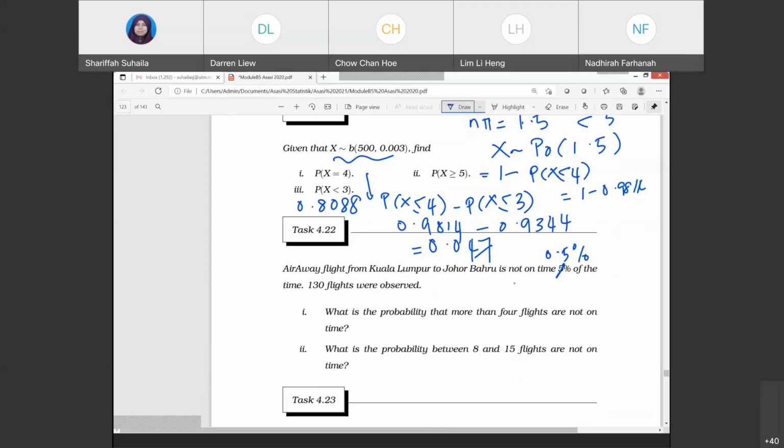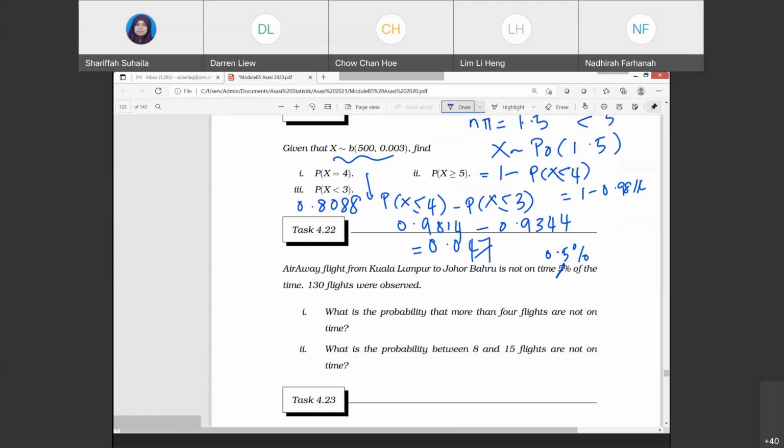So we want to find the probability that more than 4 flights are not on time. The airway flight from Kuala Lumpur to JB is not on time 0.5% of the time. We have 130 flights observed. If we read the question, it should be a binomial distribution.